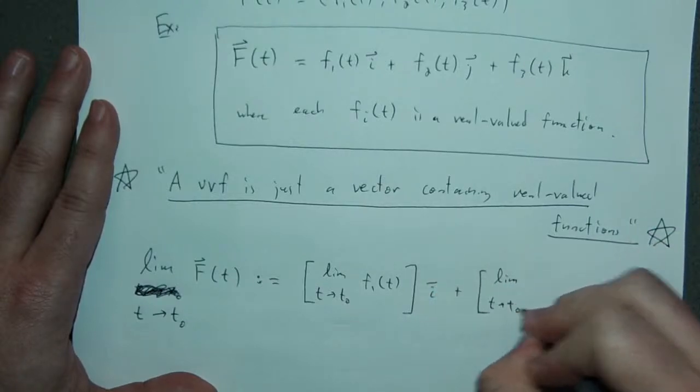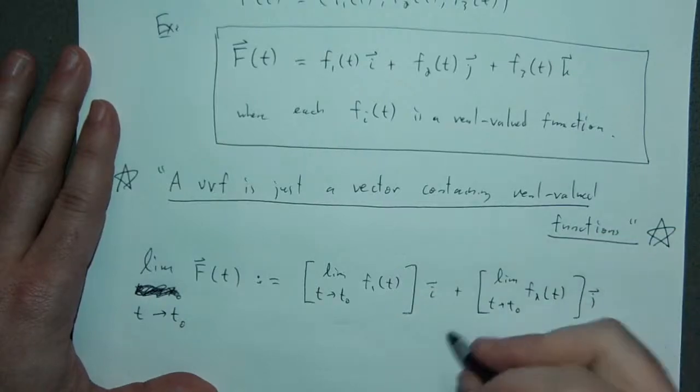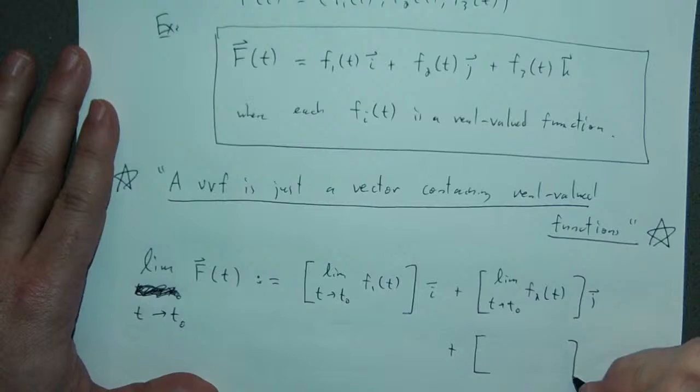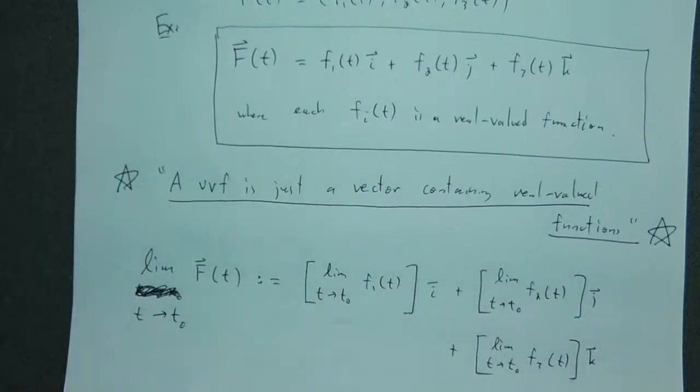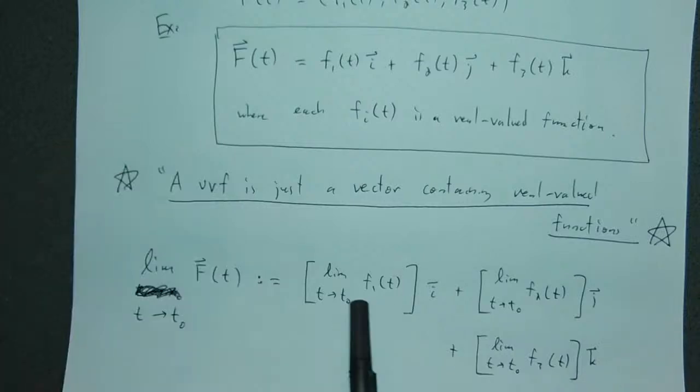Basically, any kind of analysis stuff, any kind of calculus stuff that you want to do to a vector valued function, you just do it to the components. So what does this statement say? That the limit of a vector valued function is the vector containing the limits of the components of that vector valued function, which are real valued functions.